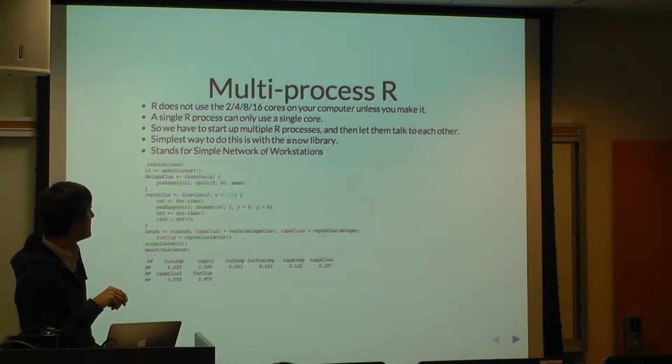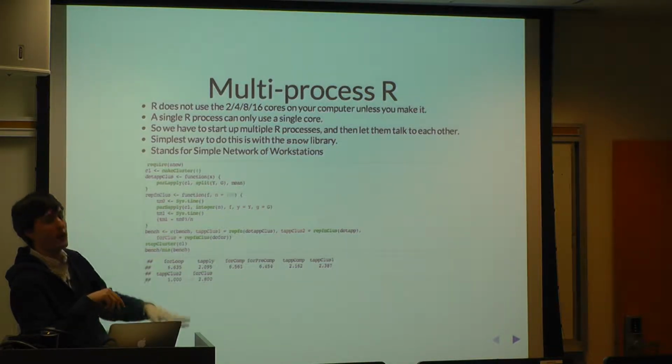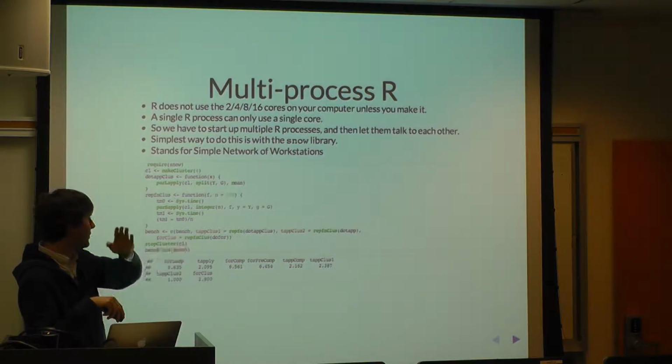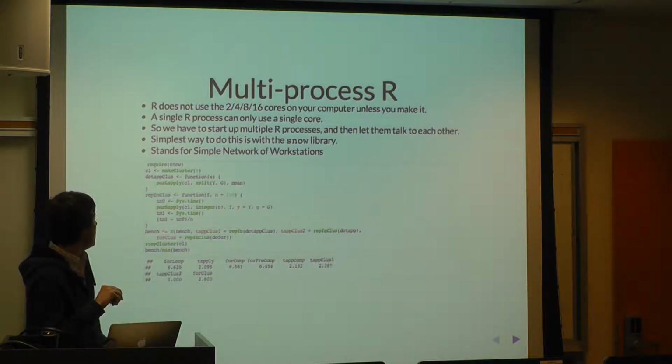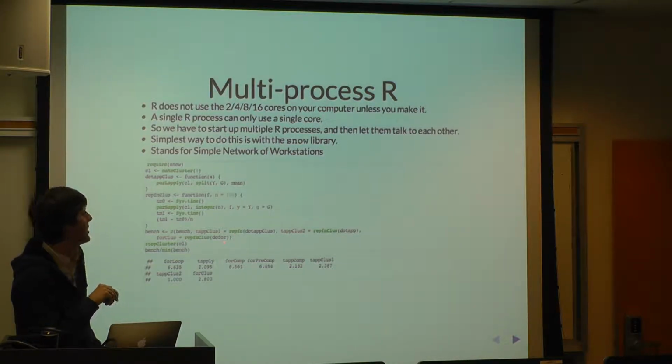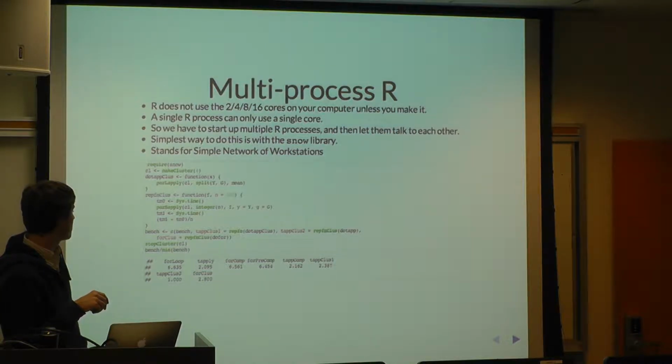Then I also do the repetition, but this time instead of doing the clustering at the level of the primitive basic little task I'm doing, this time I do it within the 100 iterations. So I'm farming out the 100 iterations. And then the final thing is, I do this same thing where I farm out the iterations, but I just do it with my basic for loop that I had before.